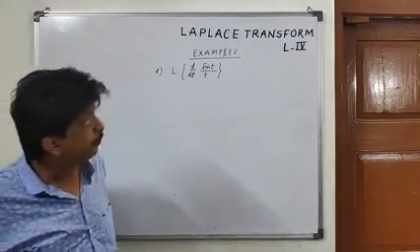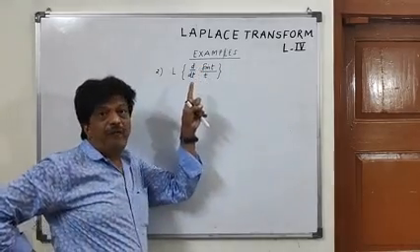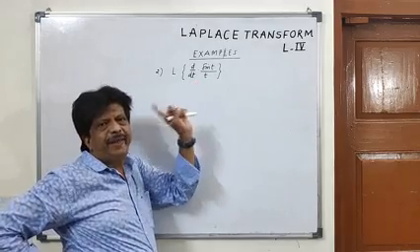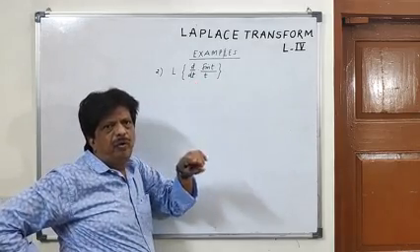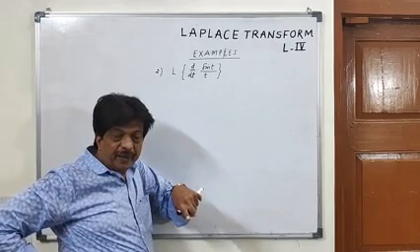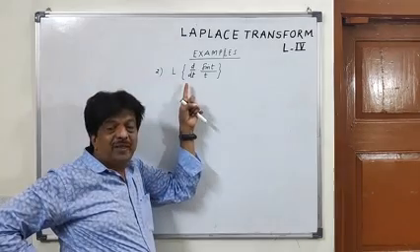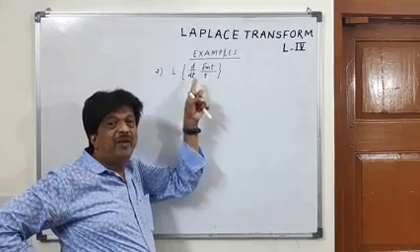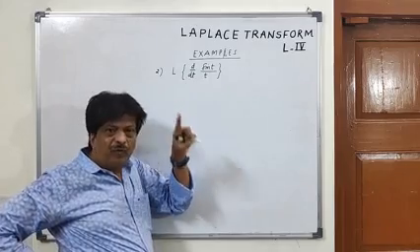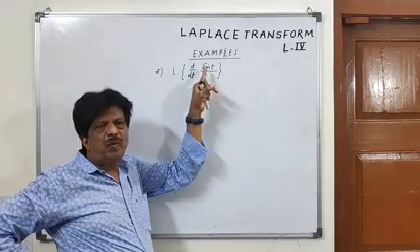Here, as sine of t is divided by t, we would be using the division by t property. Then we need the Laplace transform of the derivative of sine of t by t. So first and foremost, we would be finding out the Laplace transform of sine t.